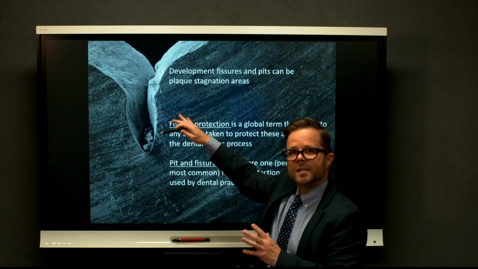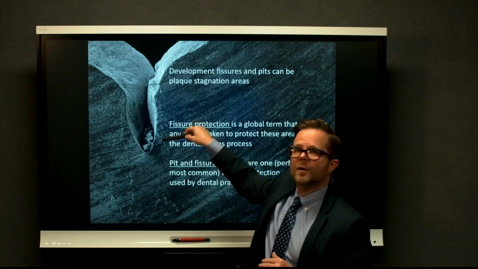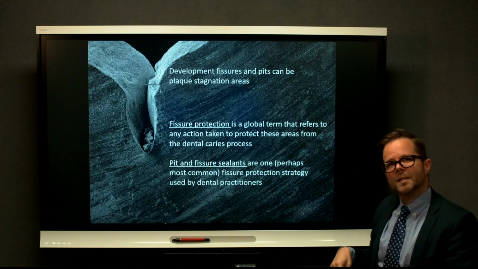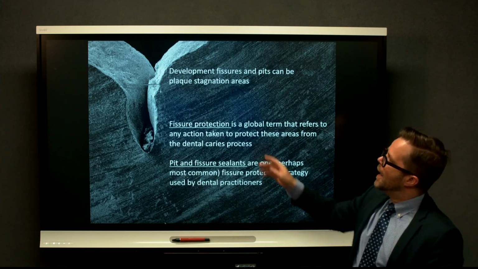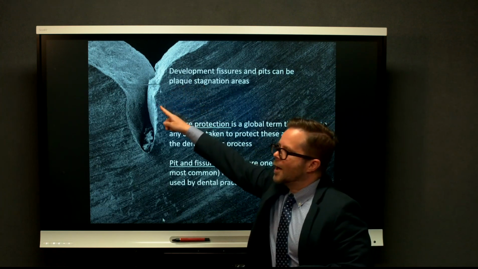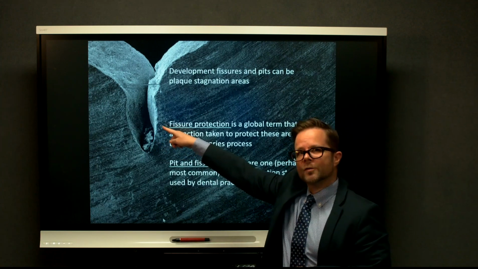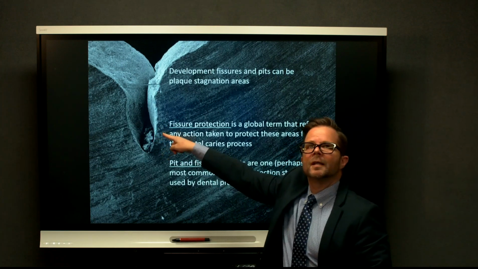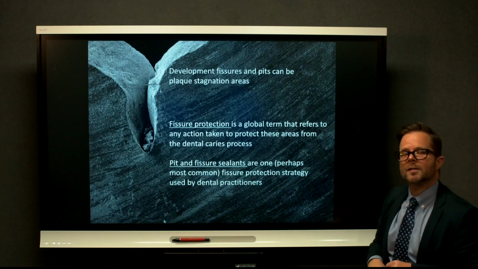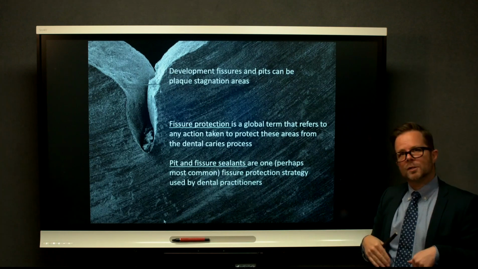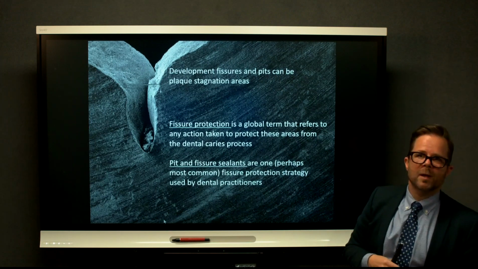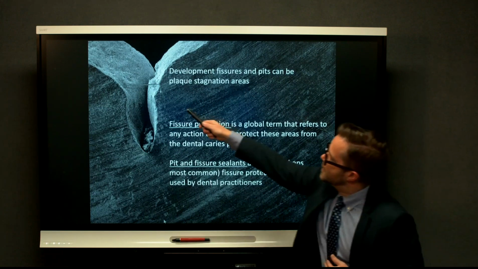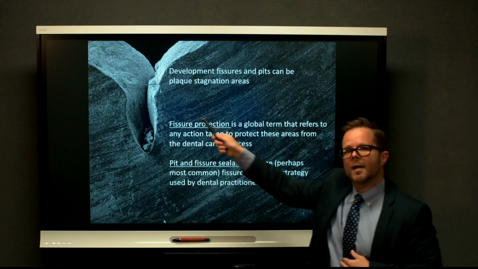But these are, as I said, magnified, so these pits and fissures are very small, but they can be very deep and tortuous. And plaque manages to find its way into these grooves and can sit undisturbed in these little protected areas. The sugars that we then put into our mouth can be used by those bacteria to then destroy the tooth surface around it.